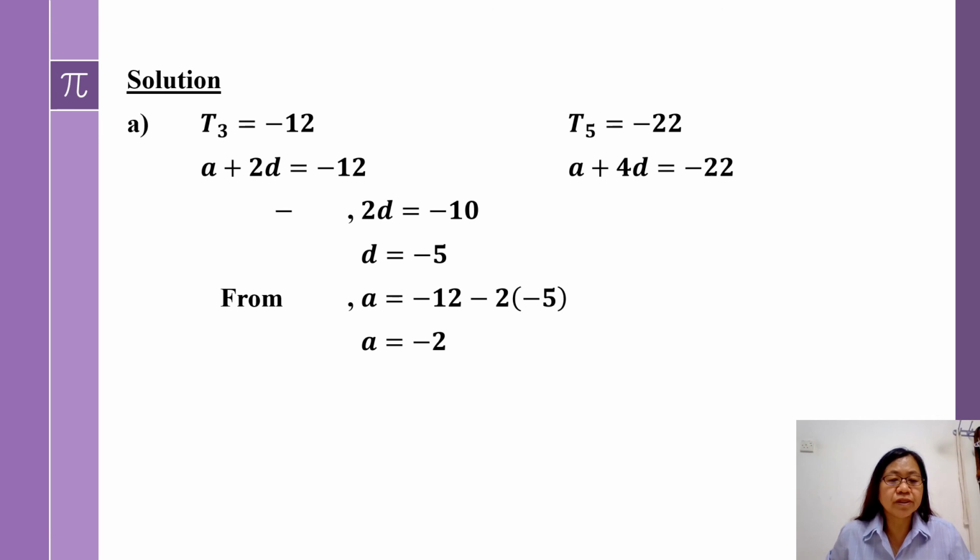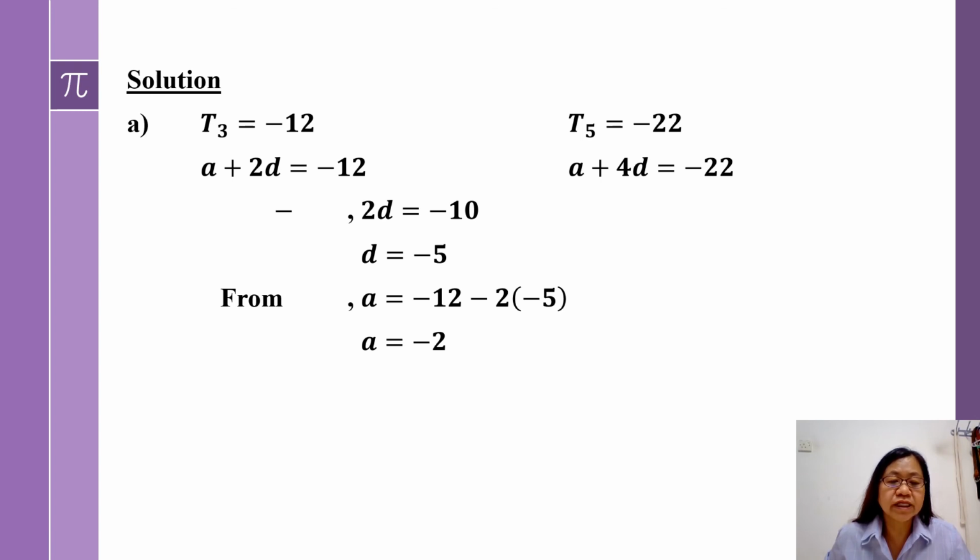By using the formula, T3 is A plus 2D equals negative 12. T5 equals negative 22, so it's A plus 4D equals negative 22. So you solve the two simultaneous equations.